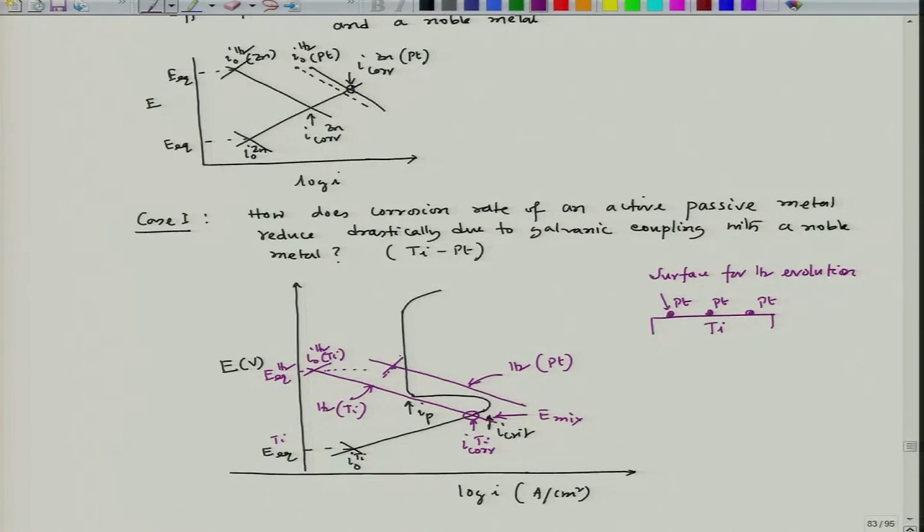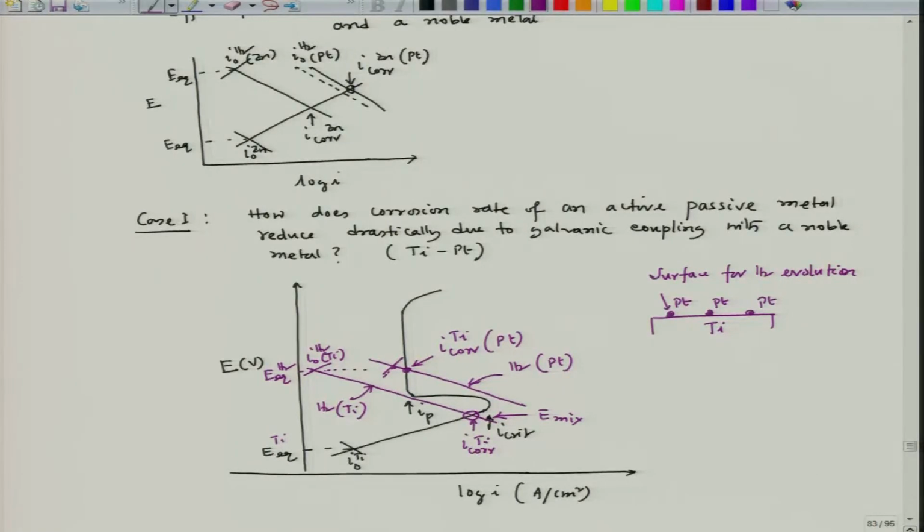So, the mixed potential now falls on this particular section. At this point, the anodic polarization curve for the titanium is being cut in the passive region. So, the corrosion rate of titanium will be this, which is I core titanium when it is galvanically connected to platinum.